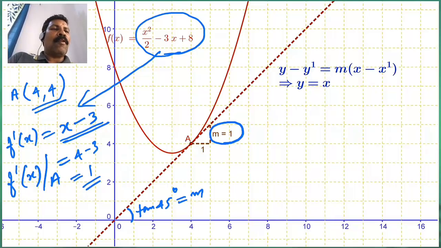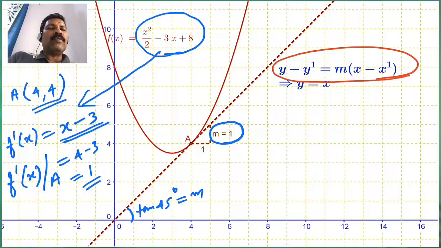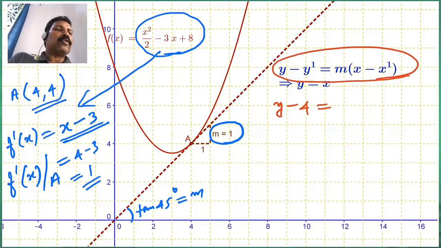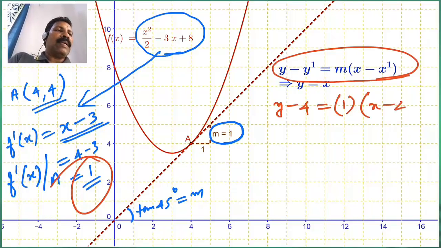Once you know the slope and the point, you know point capital A is 4, 4, then you can use this equation y minus y1 is equal to m into x minus x1. You can use this equation to write the equation of the tangent, that is y minus 4 is equal to slope is 1 only, that we computed already using calculus, into x minus 4.